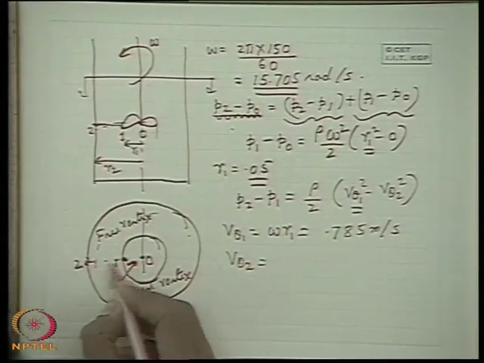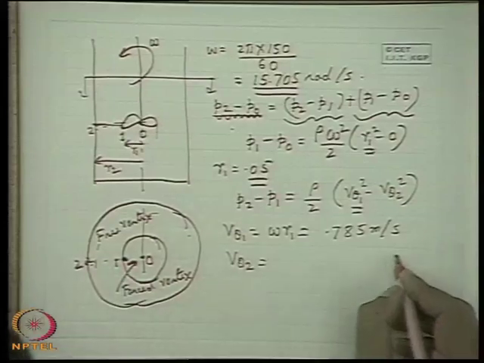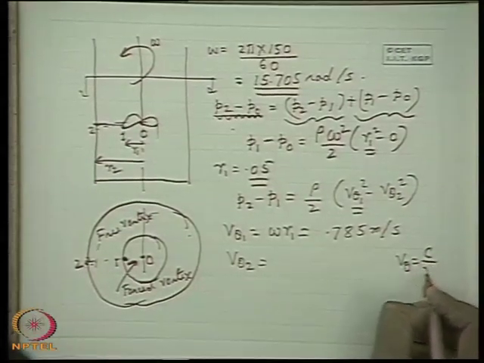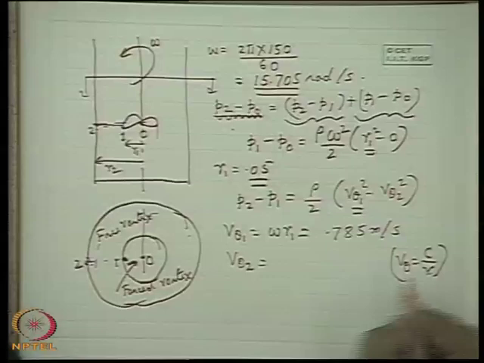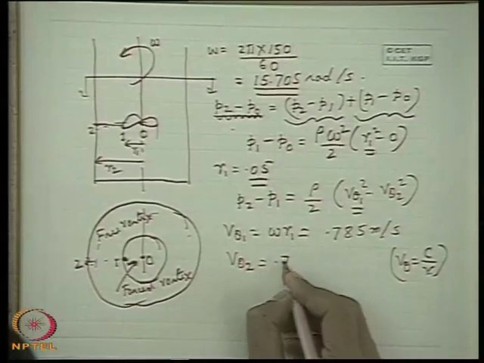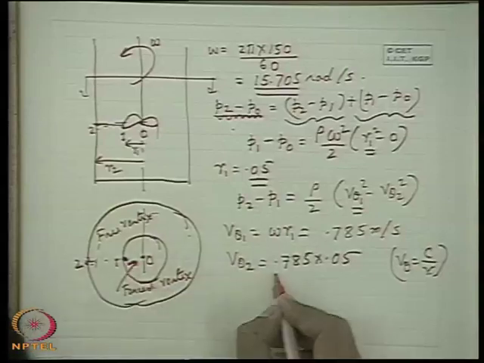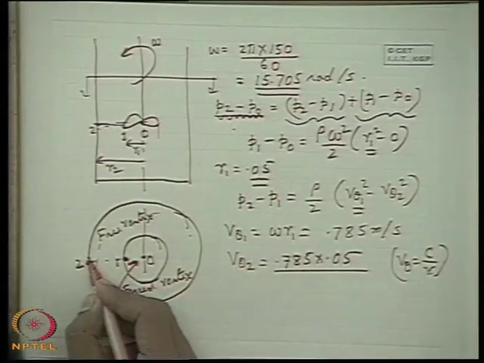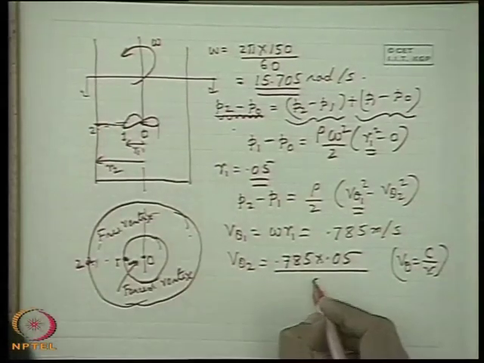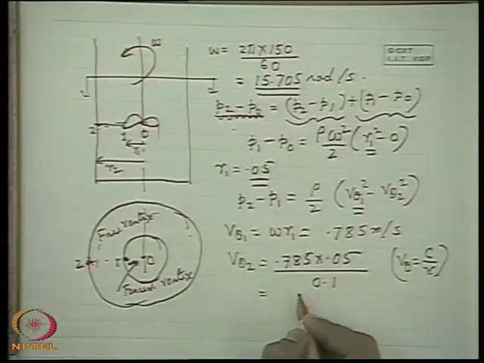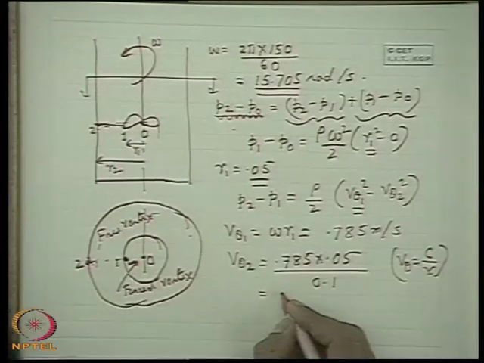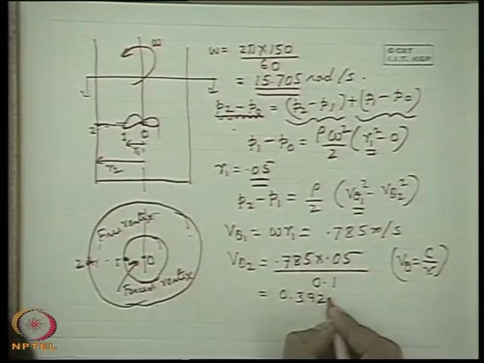You can very well find V theta 2 considering the free vortex motion from 1 to 2. You know that for free vortex motion, V theta is C by R, that means V theta into R is constant. Therefore, V theta 2 is 0.785 into its radius 0.05, divided by the radius where we want the velocity, which is 0.1. That means it is simply half of this, which is 0.392 meter per second.